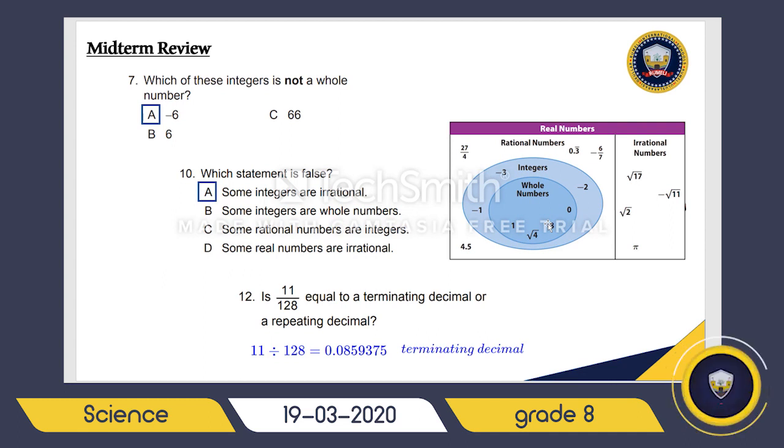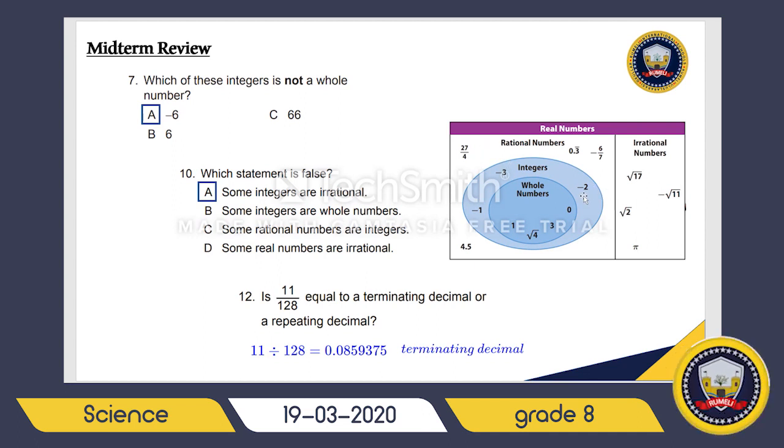What about C? Some rational numbers are integers. The same thing. This is the group of rational numbers. Okay. And we have here integers. So these integers are rational numbers. So sometimes rational numbers are integers.